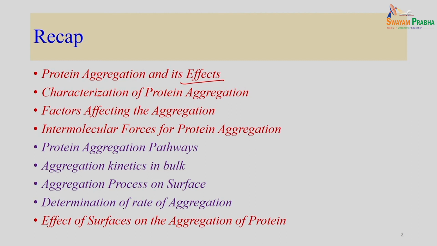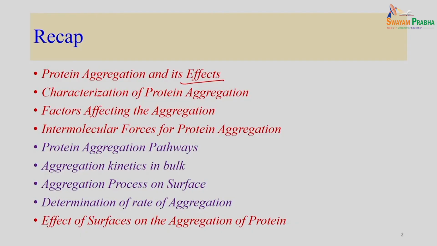Then after that we discussed the different pathways by which a protein molecule converts from a native state to an aggregated state. We discussed three pathways: from native to intermediate to unfolded to the aggregate, then from native directly to the aggregate, and one from the native to its degraded component, then to the aggregate.